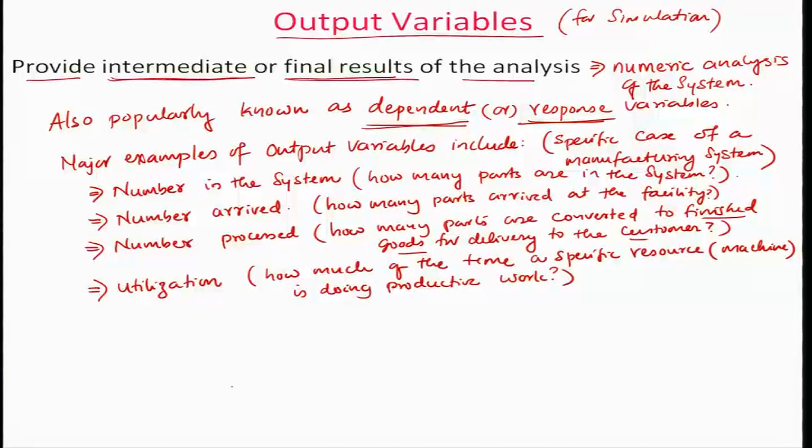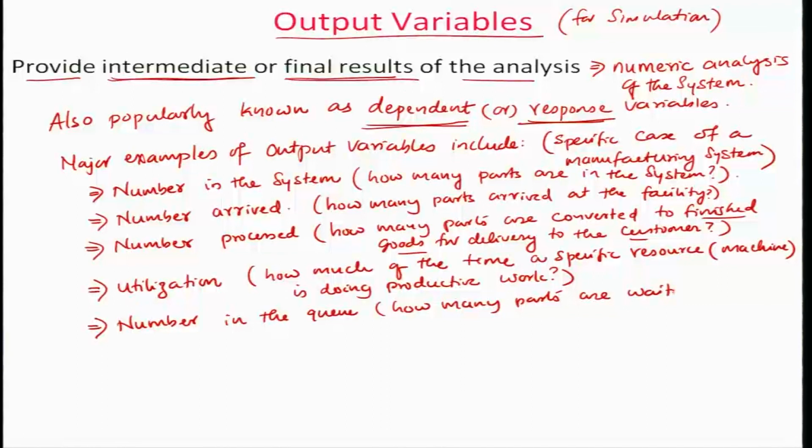That is the utilization aspect of it. Then number in the queue. It measures how many parts are waiting in a queue to get processed.